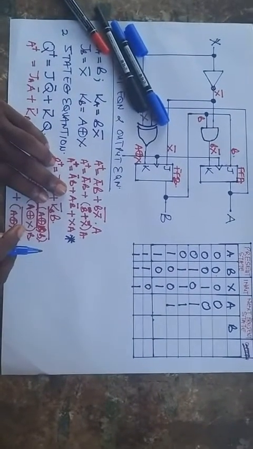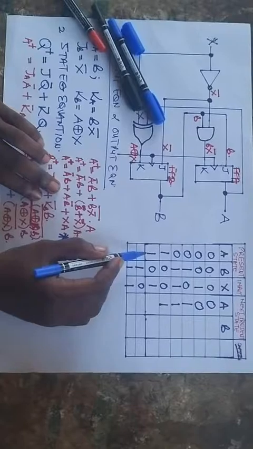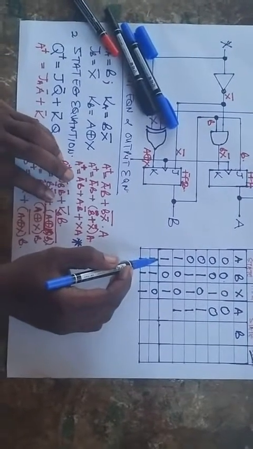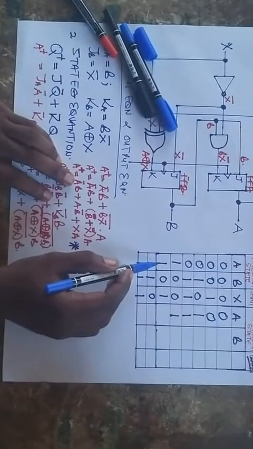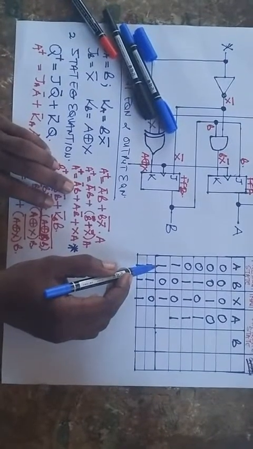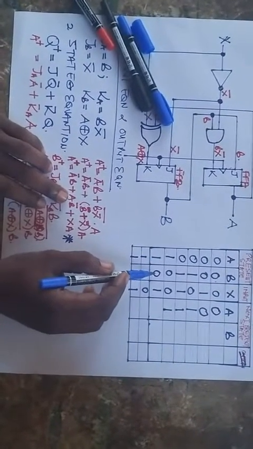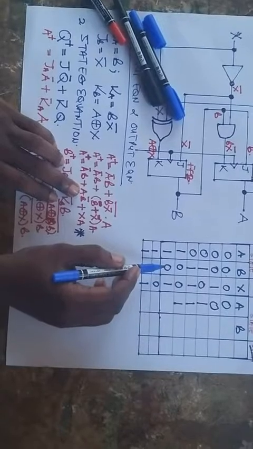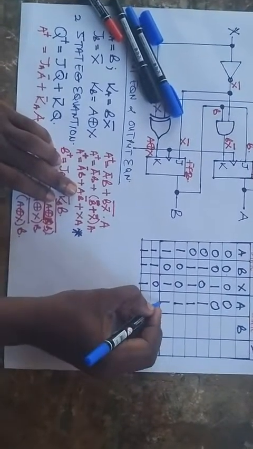right? Now we move to the next state. We have A equal to 1, A prime is 0, so here will be 0. A is 1 here, B bar is going to be 1. Okay, so here will be 1.